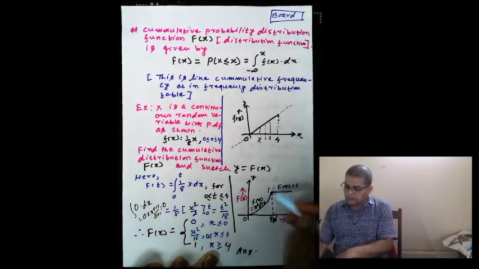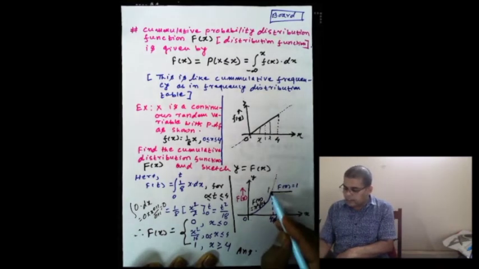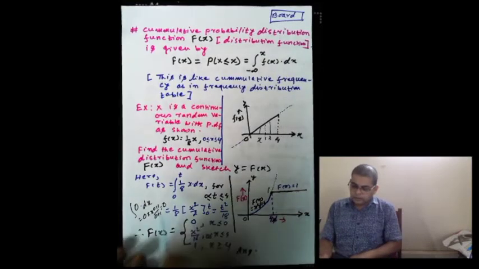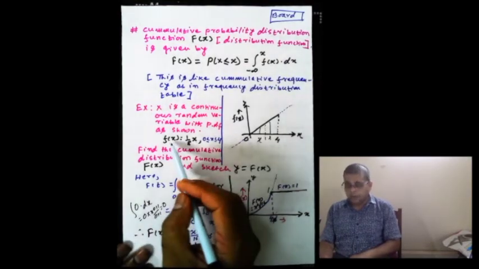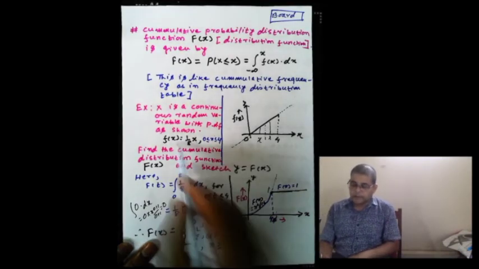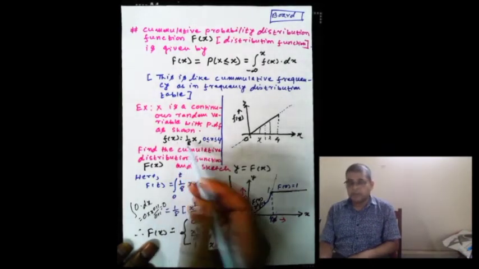Therefore, instead of considering this part of the curve, all the values for x greater than or equal to 4 will be equal to 1, and this is the reason why there is a straight line after this. This is the way we obtain the cumulative distribution function from the given probability density function.